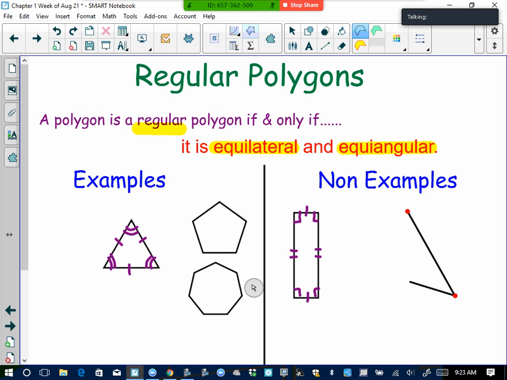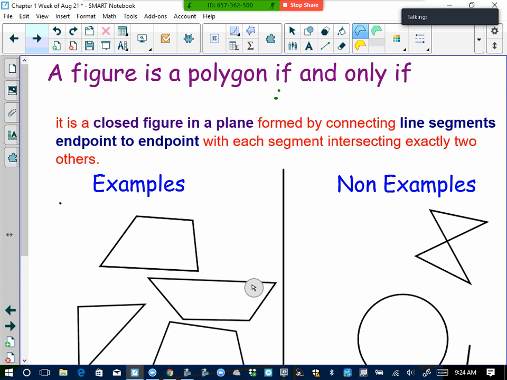It's not that a triangle is not a polygon. It's just for it to be regular, all the angles and all the sides have to be equal. And same with that. Thumbs up or thumbs down? Okay. So, am I going too fast? No. Okay.